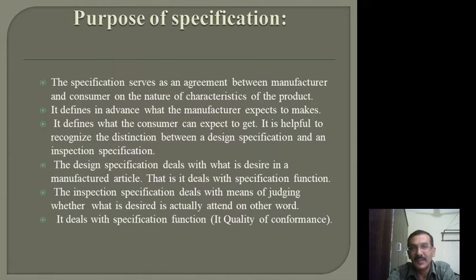Second, it defines in advance what the manufacturer expects to make, that is, what type of product can be manufactured. Next, it defines what the consumer can expect to get.